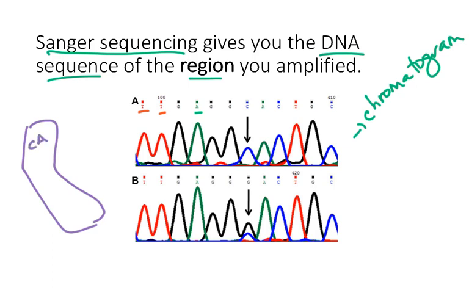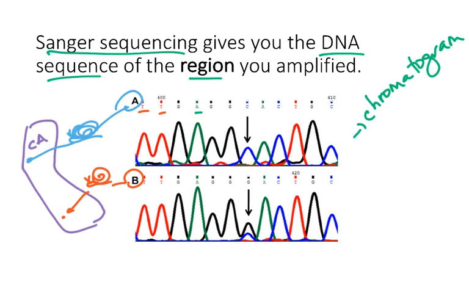And say that these 2 sequences, A and B, were taken from 2 different individuals, and say that this A was taken from a snail from Northern California, and B here is taken from a snail in Southern California.